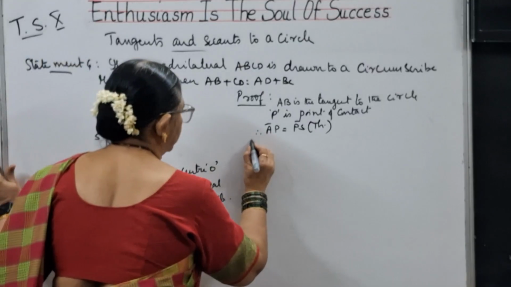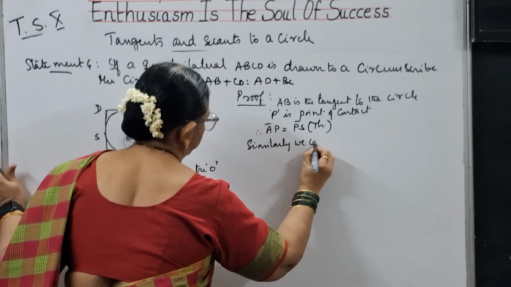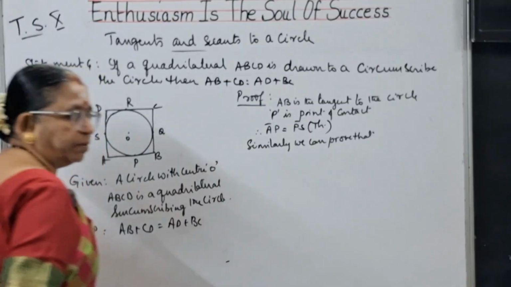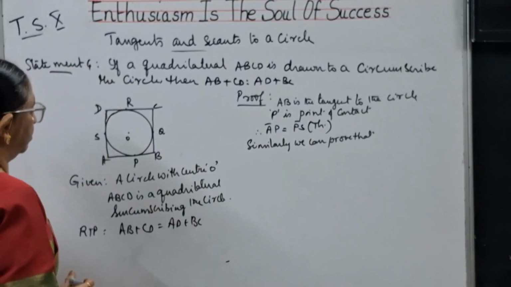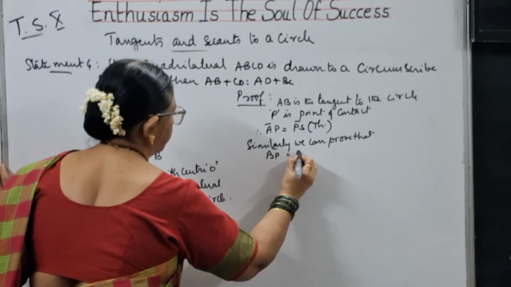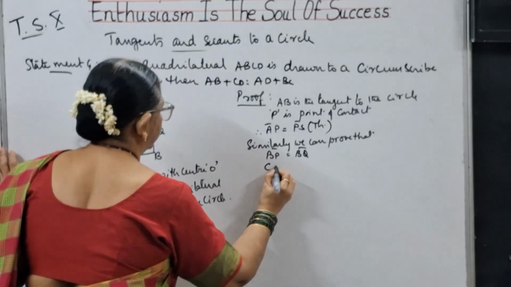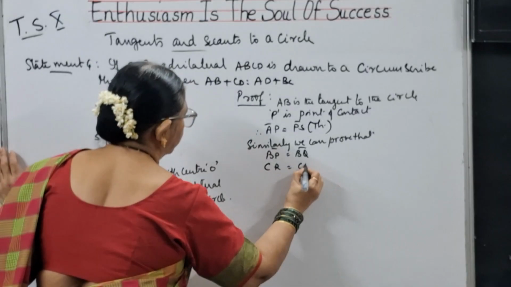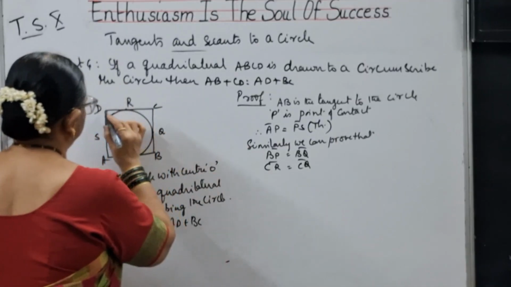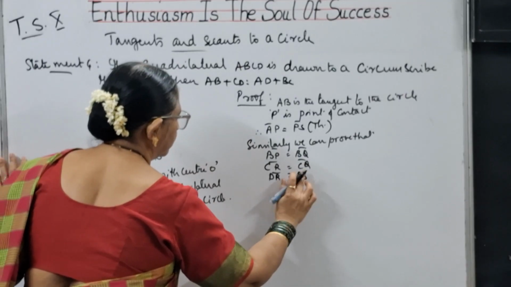Now, similarly, we can prove that BP is equal to BQ, CR is equal to CQ, and DR is equal to DS.